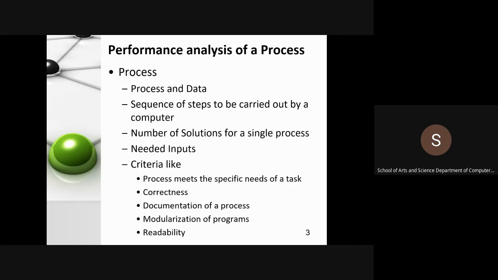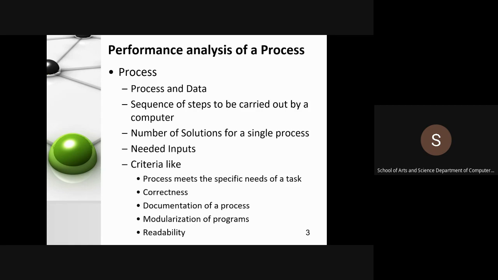So by considering the two things that we have seen so far, the process and data, now we are at a stage to analyze the entire thing: whether a process carried out on a computer is a best one, or how to write a process. I am saying the word process again and again. So what is a process? It is nothing but a program.